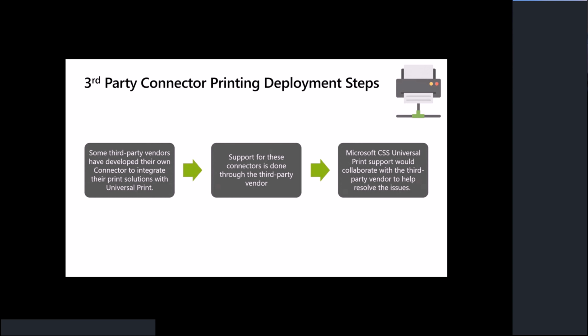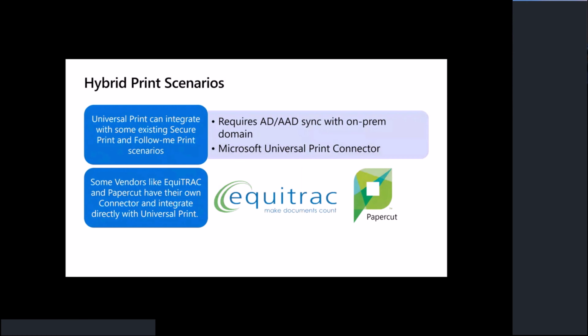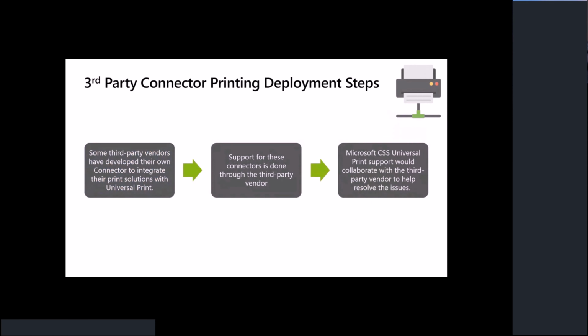And then each connector has its own process for registering a printer, but essentially it does the same thing. It's going to register the printers with Universal Print, and then it handles retrieving those jobs from Universal Print and then sending them to the physical printer. Next slide.